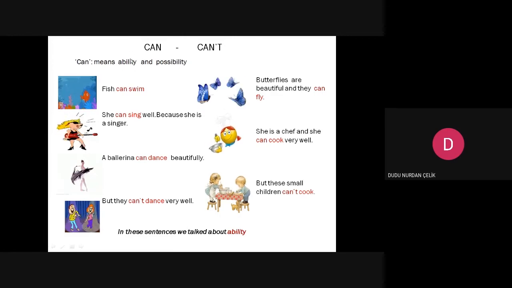Ability means you have talent to do something. For example, I play guitar well. It's my talent, but my brother cannot do it. My brother isn't good at playing guitar. He hasn't got talent.